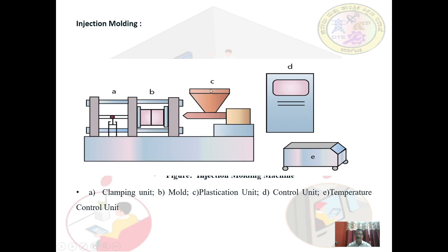Here the material is fed and it is plasticized by heating, and then it is injected into the mold cavity, and after cooling it acquires the shape of the mold. Right? This is how injection molding takes place in the plastic industries.